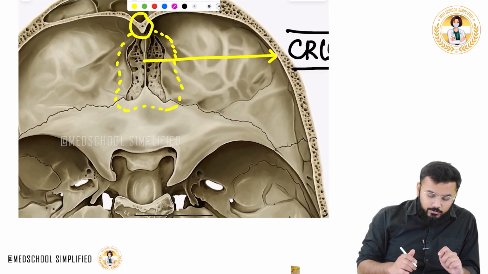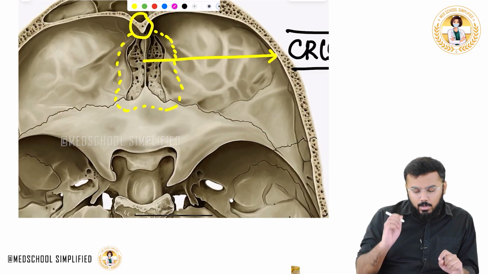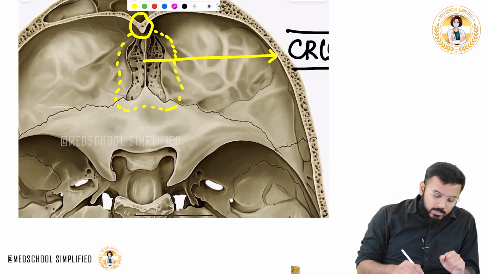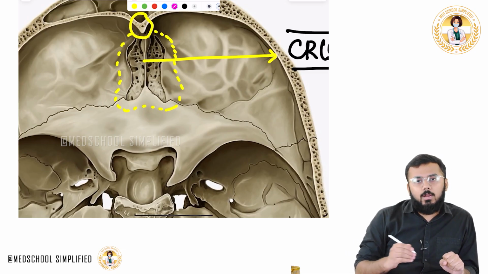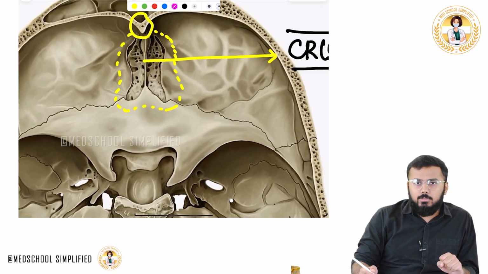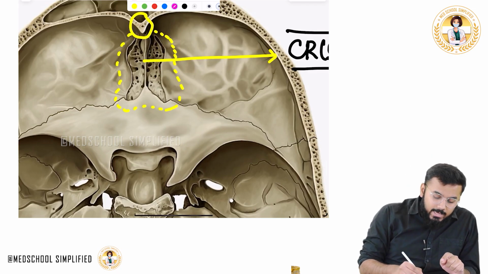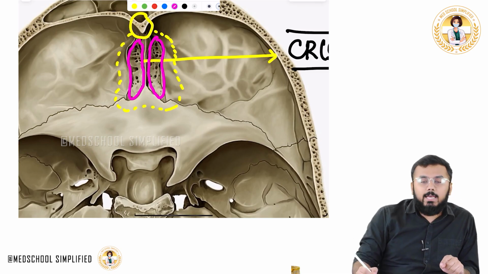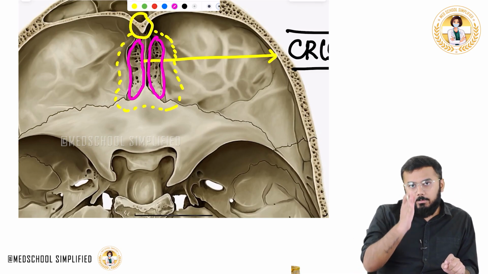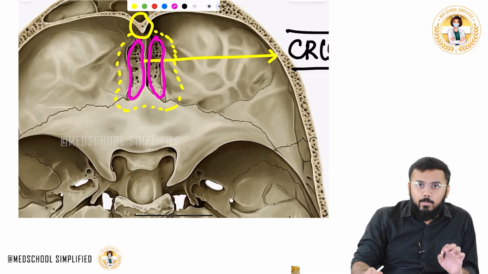Okay, right. Next important thing over here is that on either sides of Crista galli, again I am zooming in, you see on either sides of Crista galli there are multiple holes, right? So, these multiple holes which are located on either side of the Crista galli are called as foramina, right? So, first of all, what is this entire thing which is containing multiple holes on either side of Crista galli? So, these two entire things which are located on either side of the midline is called as cribriform plate.